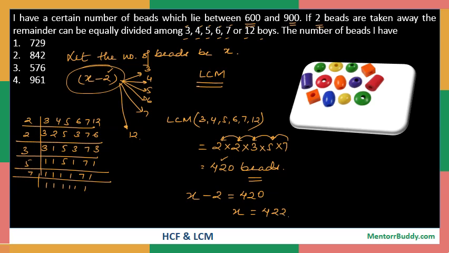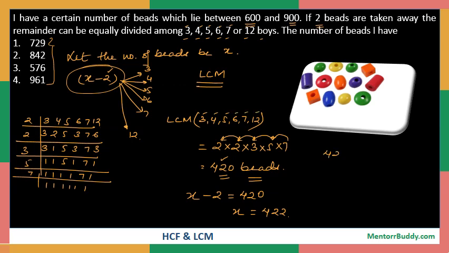But as you can see, this is not in the options. Because your LCM was 420, the multiples of 420 also remain divisible by these numbers 3, 4, 5, 6, 7 and 12.